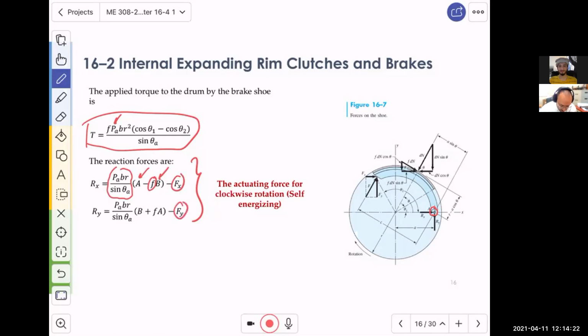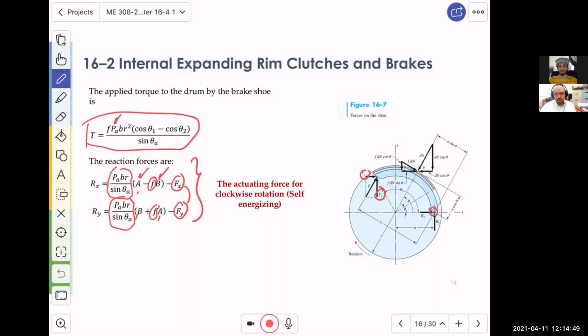And there we have Fy, and f, which is the coefficient of friction, and again we have A and B. What are A and B? A and B are two equations, which I'm going to show you later. But X and Y are basically the resolved components of the actuating force.